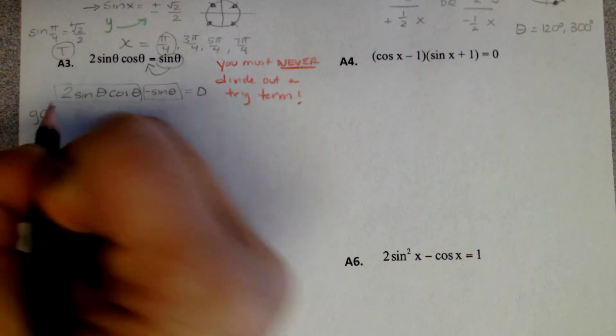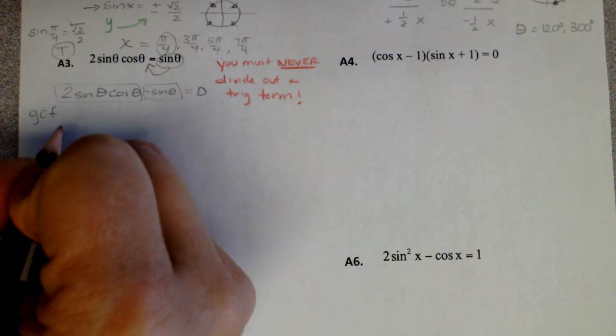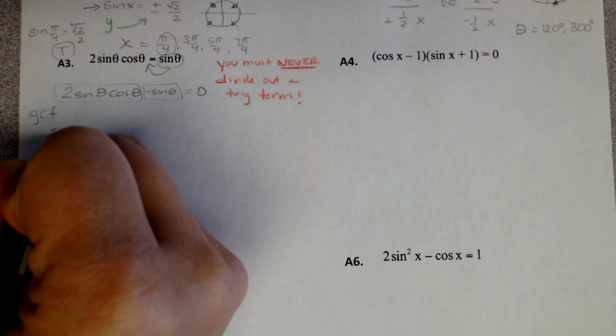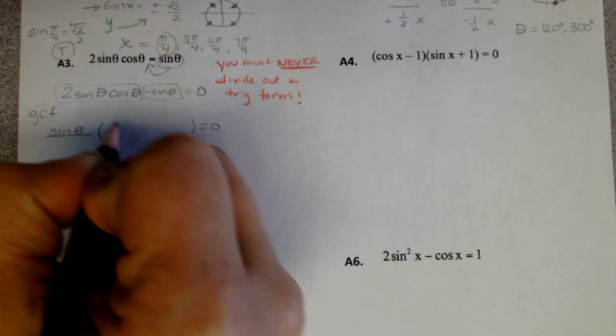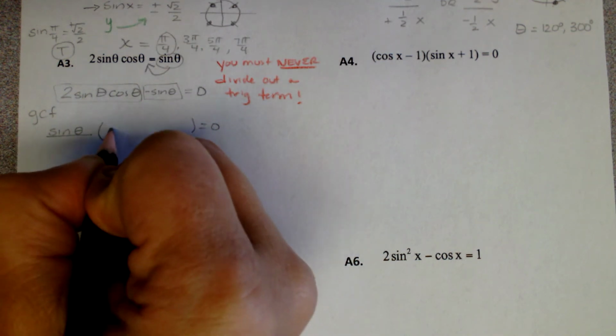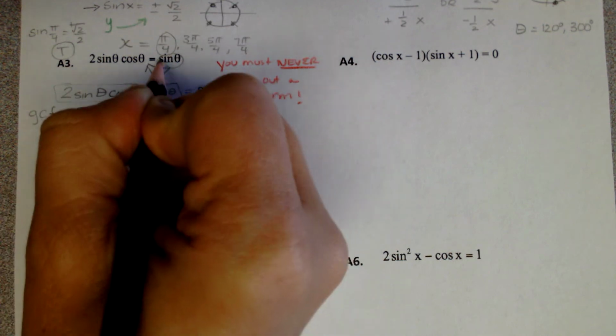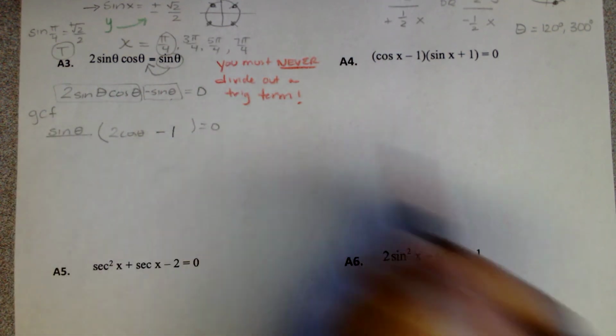I'm going to use GCF strategy with 2 terms. I don't have any quadratics, so I don't have any squared terms. So my GCF in this case is going to be sine theta. When I take that out of the first, get rid of sine theta, it leaves me with 2 cosine theta. When I take the sine out of the second, it leaves me with a minus 1.